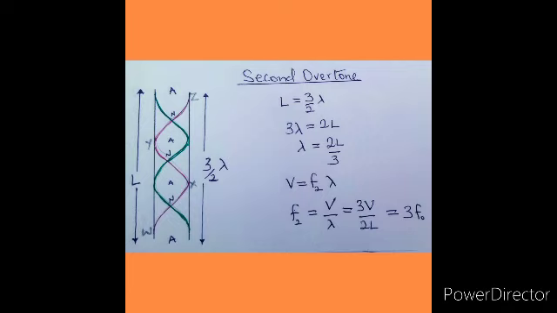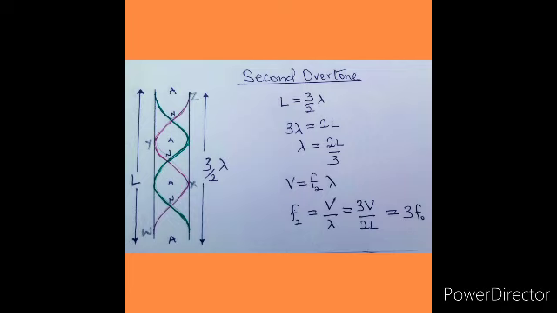Between X and the upper N is a quarter of a wavelength. And from N to Y is also a quarter of a wavelength. From Y to the upper N is also a quarter. And from N to Z is a quarter of a wavelength. So if we add 1 quarter six times, it is equal to 3 over 2 lambda.